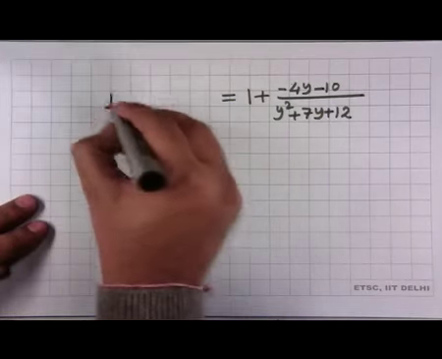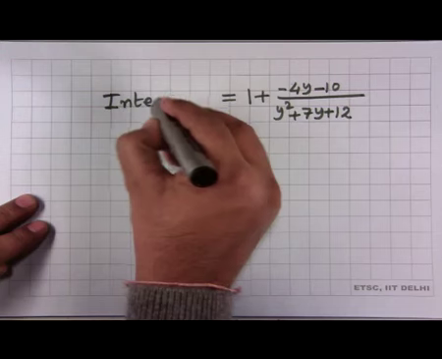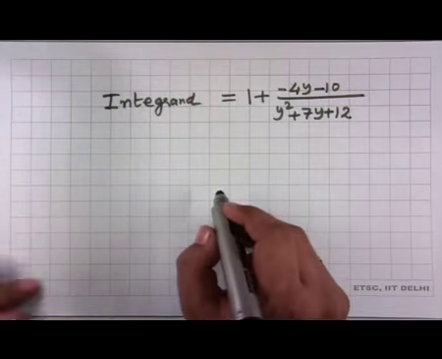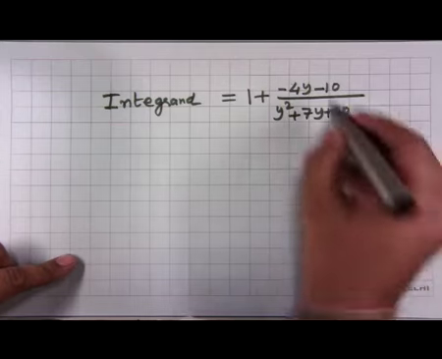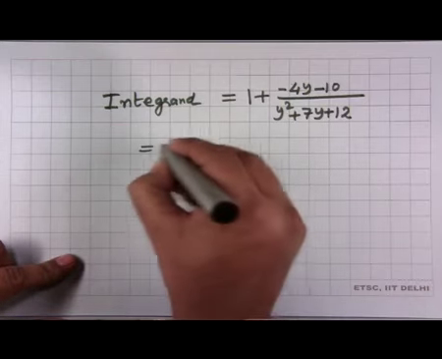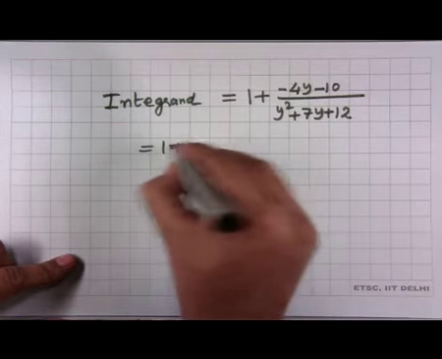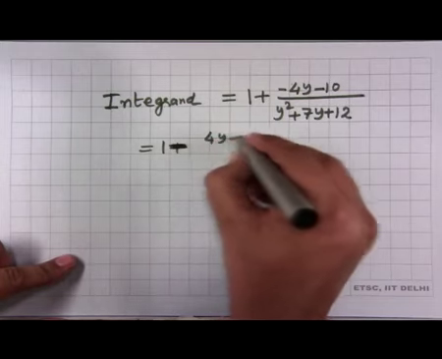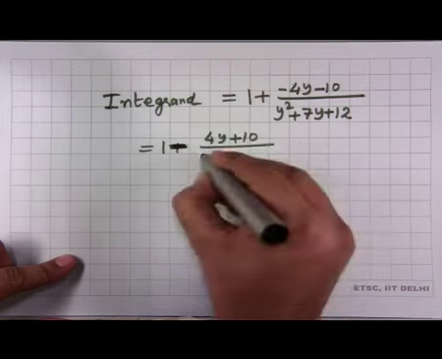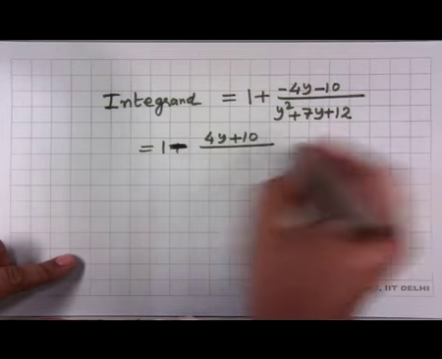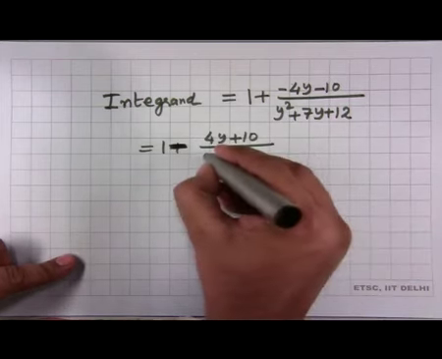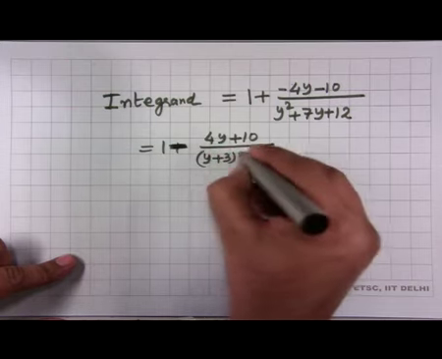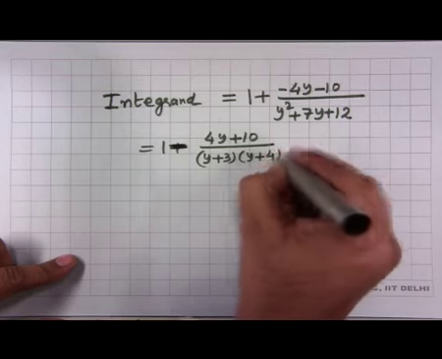So, we can write the integrand as 1 minus 4y plus 10 by y square plus 7y plus 12, and this factor can further be written as y plus 3 into y plus 4.